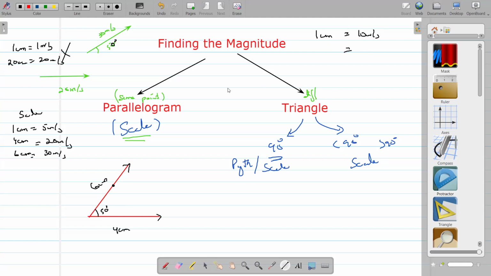So after drawing this, what do we do? We draw both vectors from the same point. Now we'll use a compass. We open the compass to 4 centimeters.